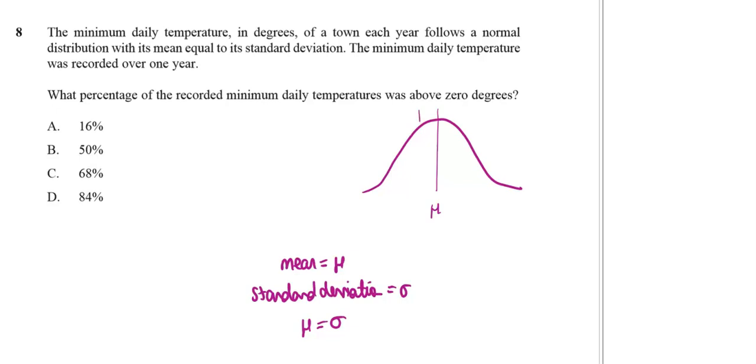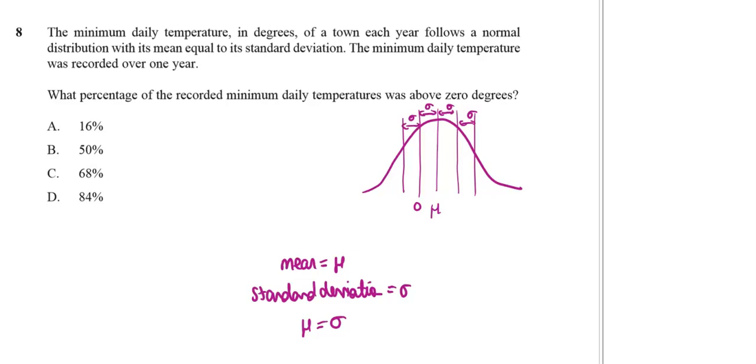And these questions normally involve understanding what's going on 1 standard deviation above and below the mean, 2 standard deviations above or below the mean. But in this particular case, because mu equals sigma, we know that 0 occurs right here. 0 is 1 standard deviation below mu because mu equals sigma.